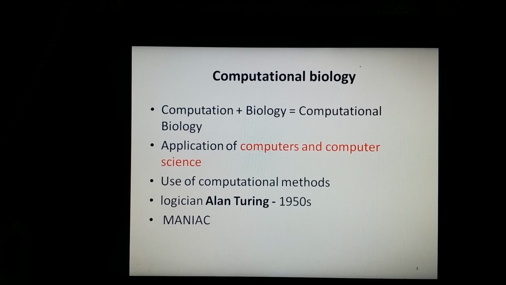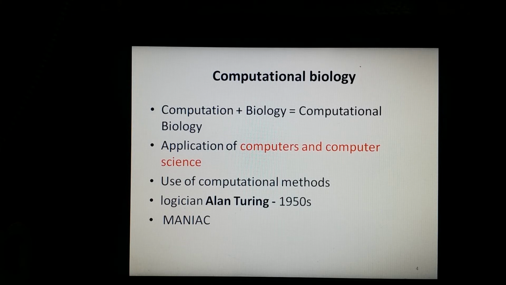It entails the use of computational methods, for example algorithms, for the representation and simulation of biological systems, as well as for the interpretation of experimental data, often on a very large scale. So this is computational biology.